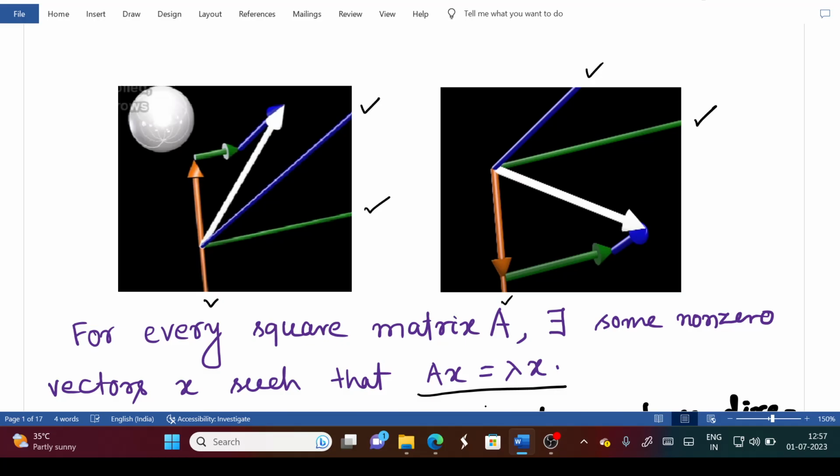So what will we do? We will write the input vectors as a linear combination of eigenvectors and we will find the output by multiplying the vectors by the corresponding eigenvalues.